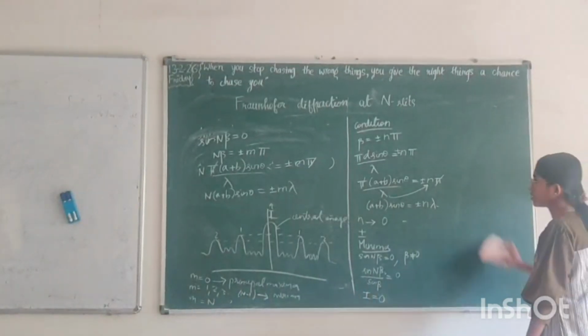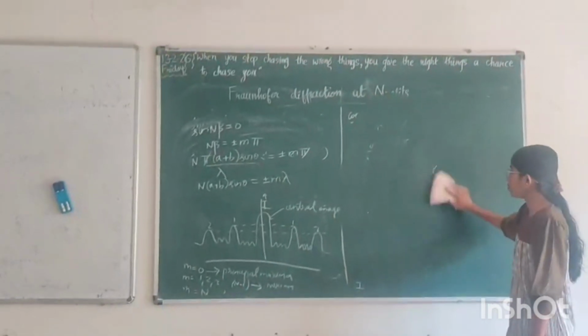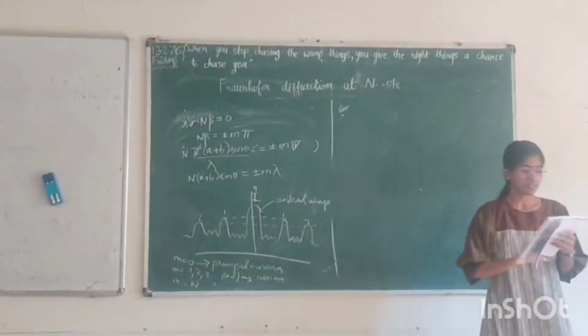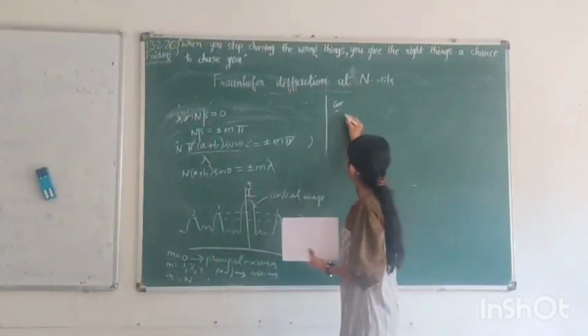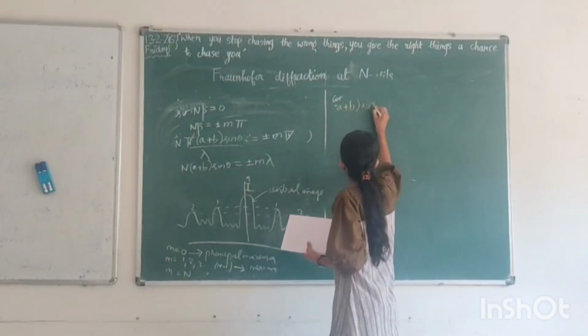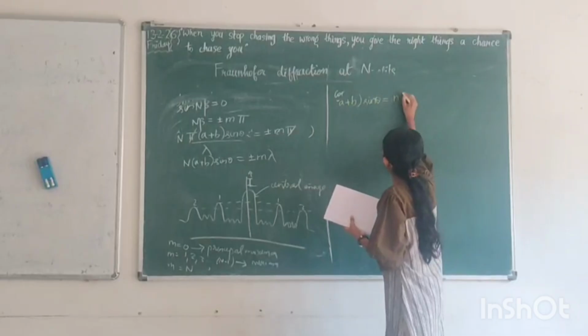I will just summarize all the equations that I discussed. So this grating equation was (a plus b) sin theta equal to n lambda.